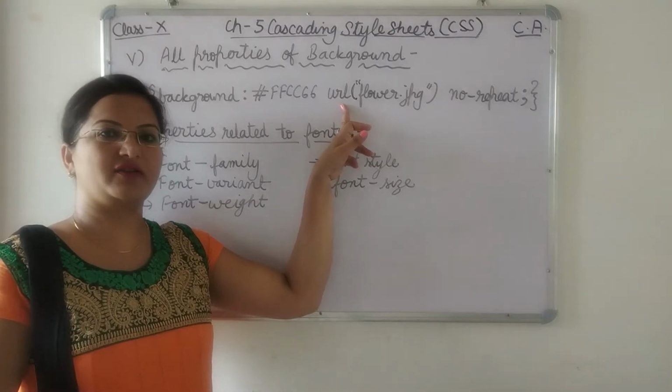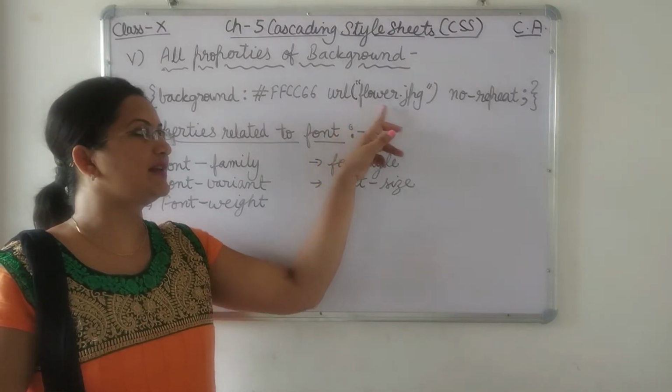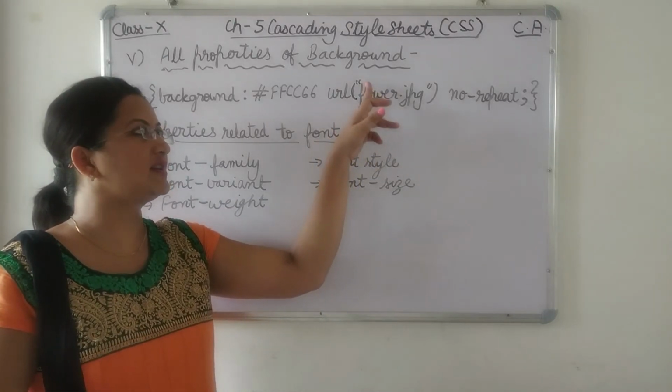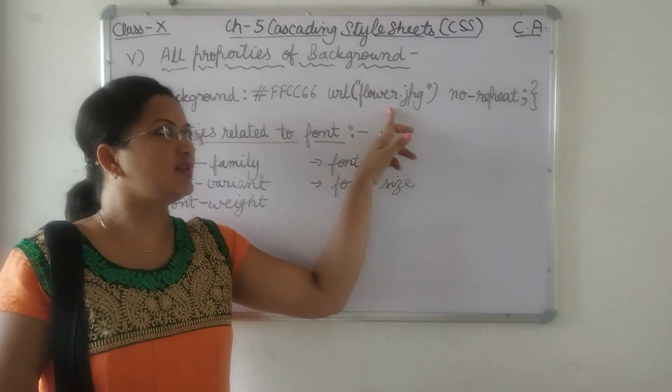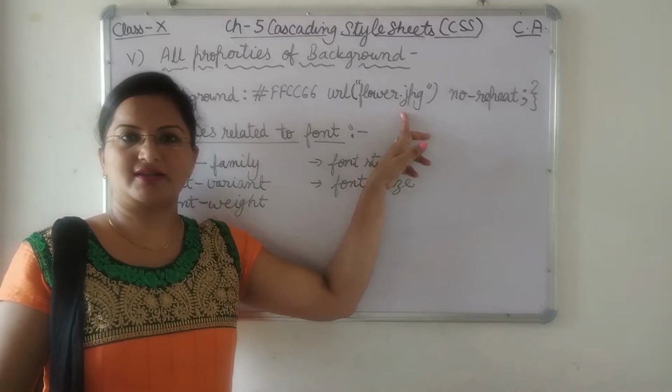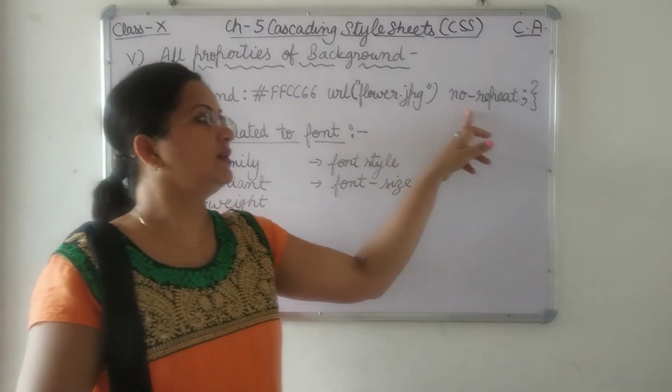This is for the background image, so you have to write URL, then brackets, and in the brackets double quotes, and then the picture name. Picture you can use that is in your computer. No repeat.